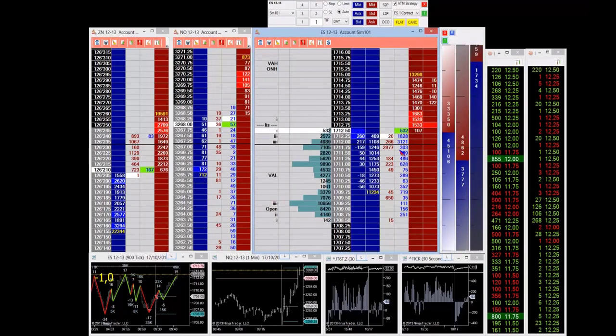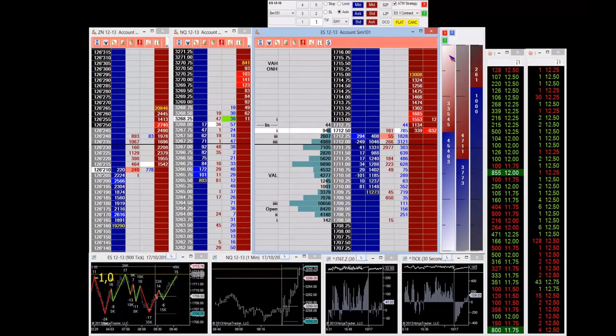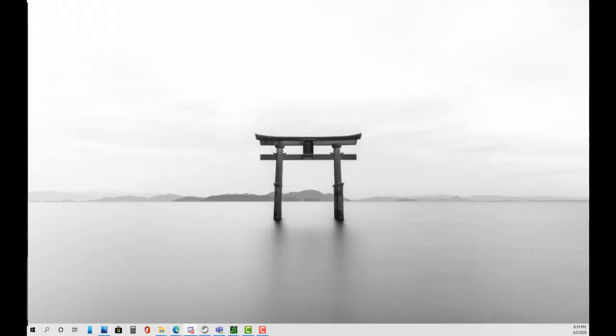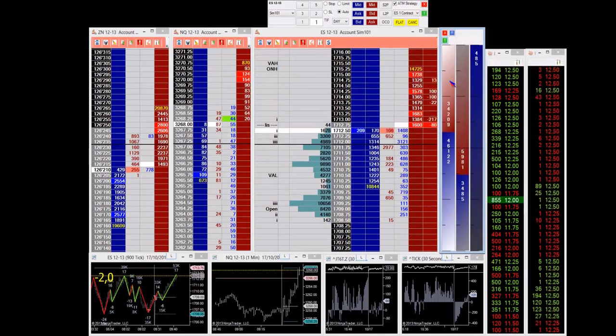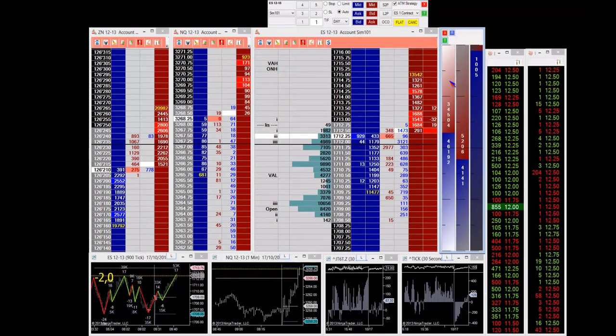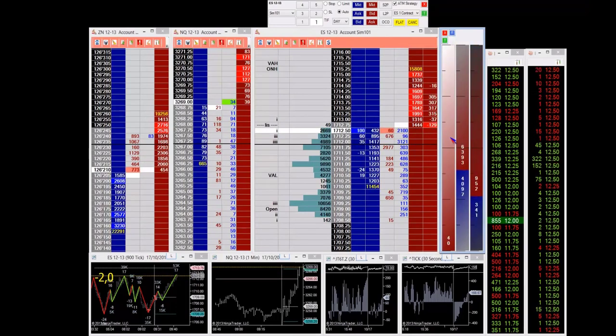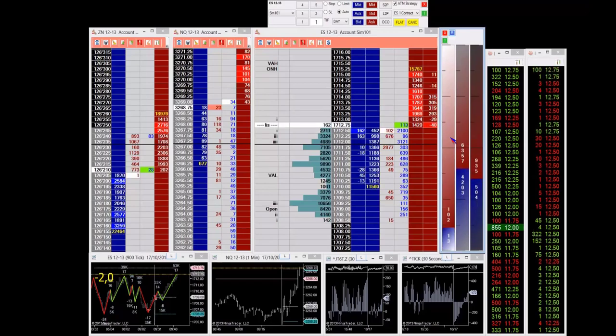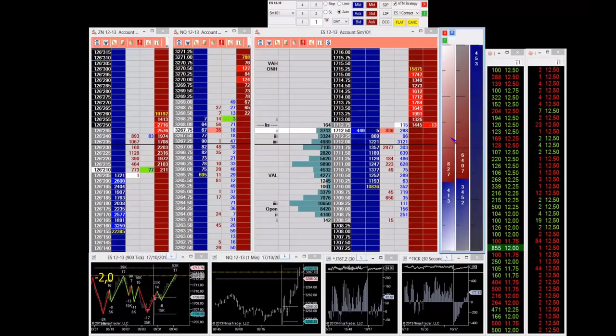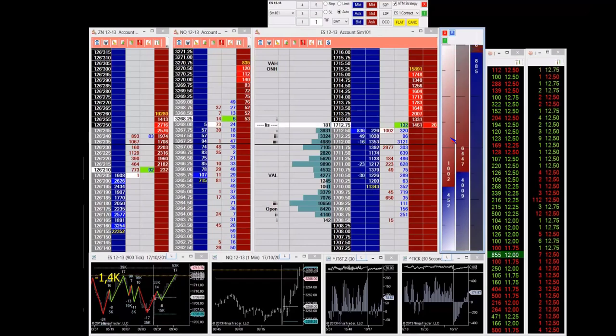Another way to look at that is this window to the right, where we've got three red and blue bars, we call them strength meters. Let me just reset the strength meter. What that shows us is also the market buys against the market sells.